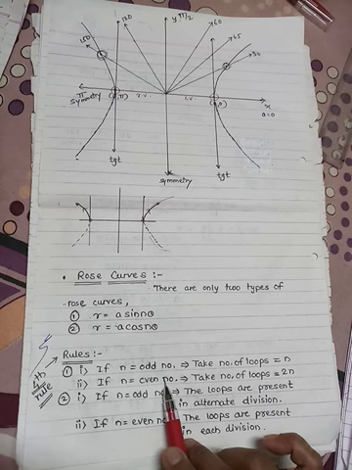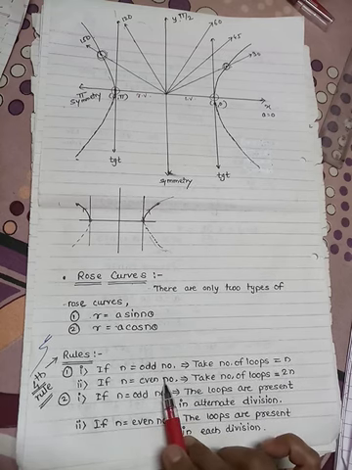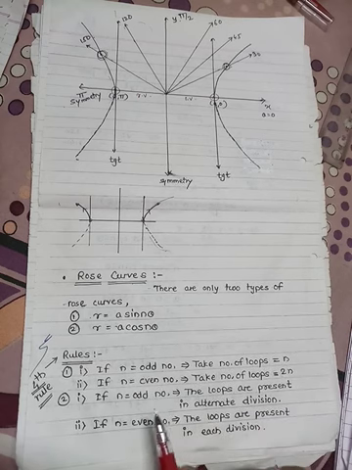That is 2 into 3, 6, even number. 2 into 5, 10, even number. 2 into 11, 22, even number. So if n is an even number, then number of loops equals 2n.